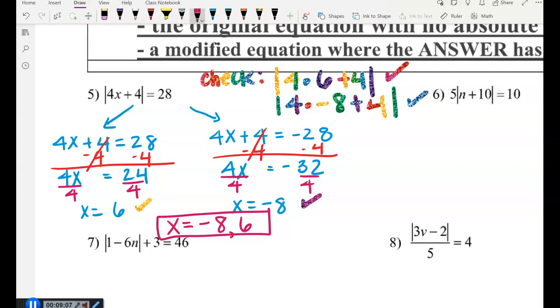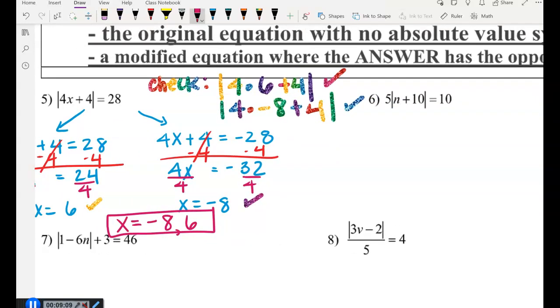You are right. We have to get rid of what? So that way it's all by itself. Yes. So students, divide both sides by 5. Okay. So now we divide both sides by 5. We have an absolute value of n plus 10 equals 10 divided by 5, which is 2. Now it is all isolated, just like example 5.